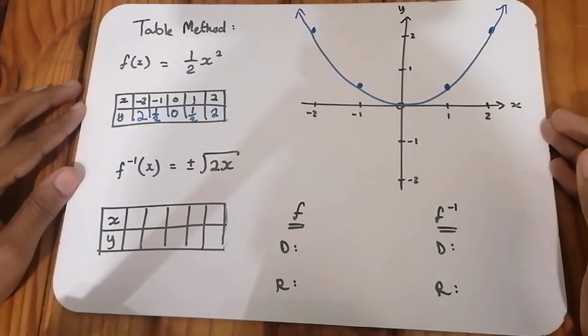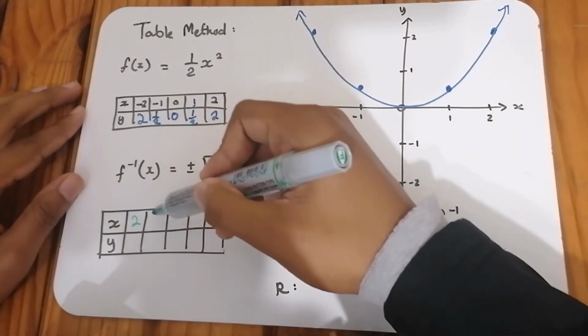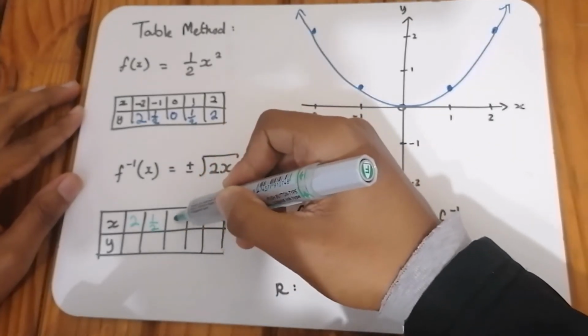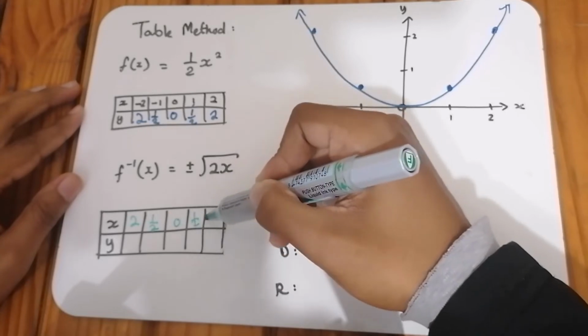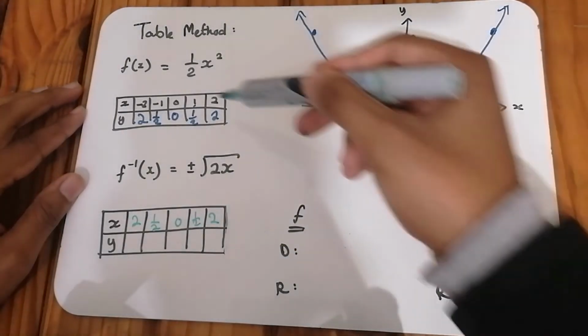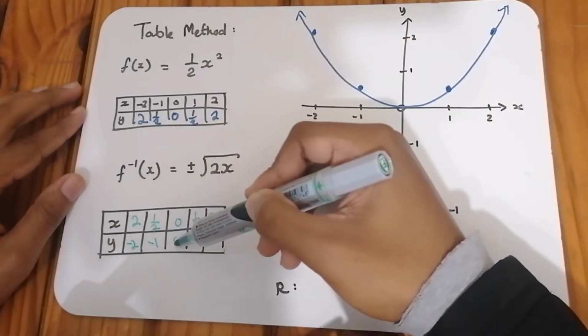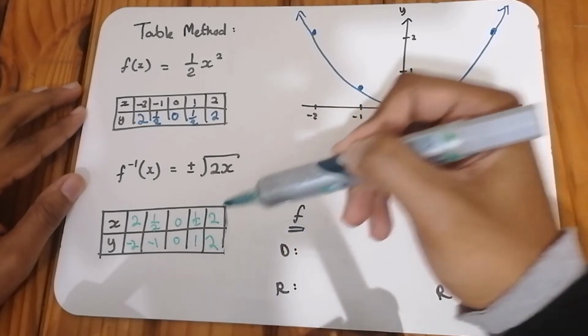And so that's what I'm going to do by swapping the x coordinates. So the x coordinates will be these. It's the 2, half, and 0. And then the y coordinates would be these. The -2, -1, 0, 1, and 2.